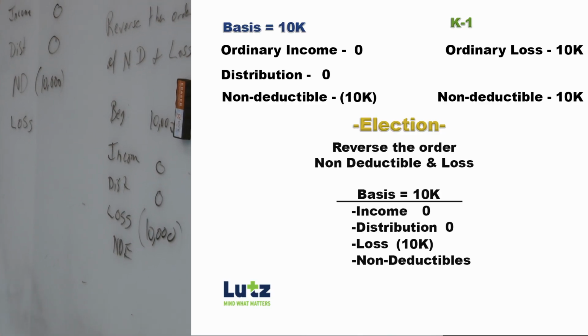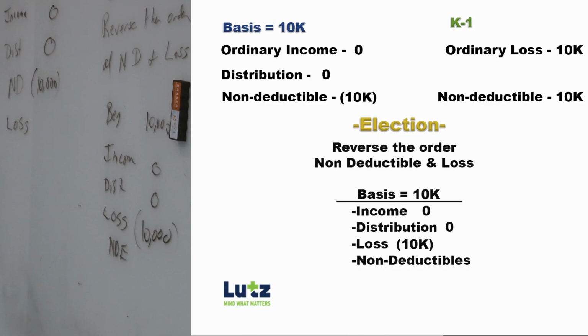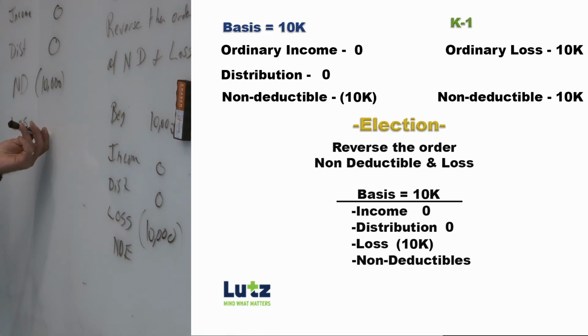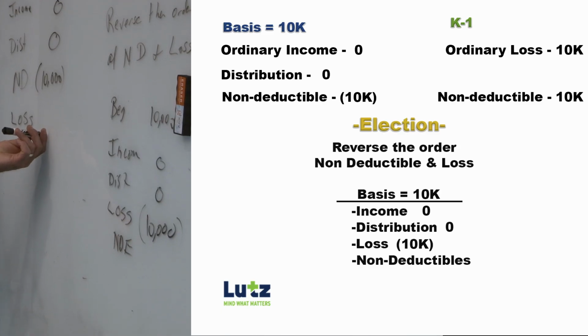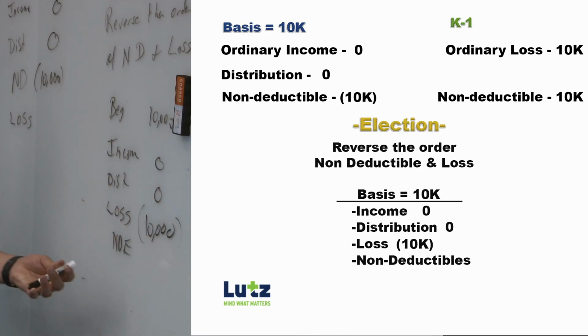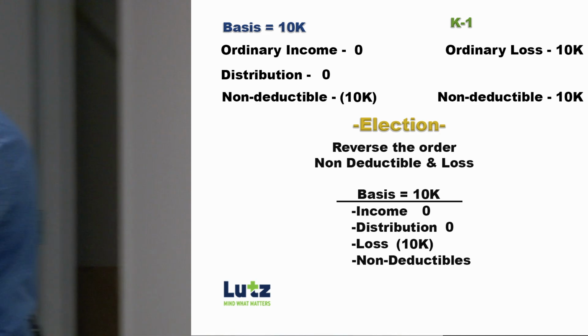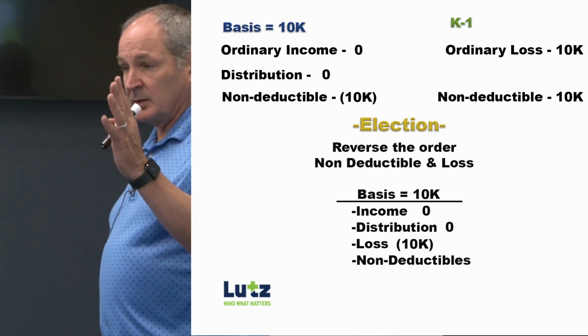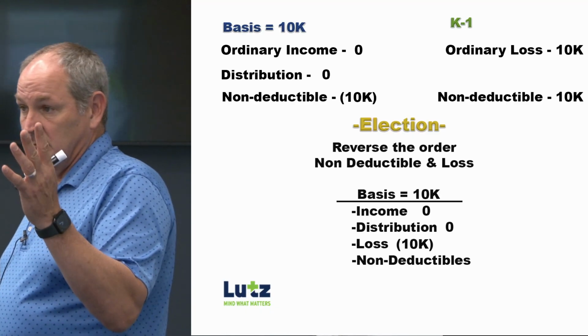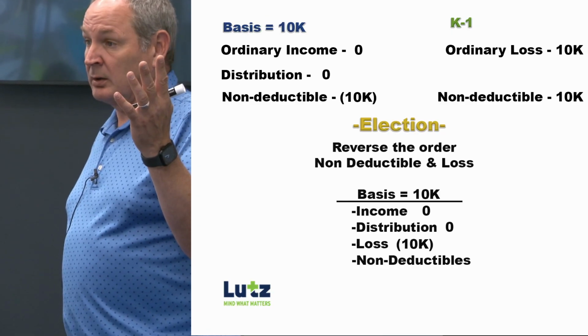Well, under our normal rules, if I get to 0 basis, the non-deductible disappears, right? So using that same logic, if I get to 0 basis and we never account for the non-deductible, under the basic rule that we talked about, the non-deductible would disappear. Right? Wrong.